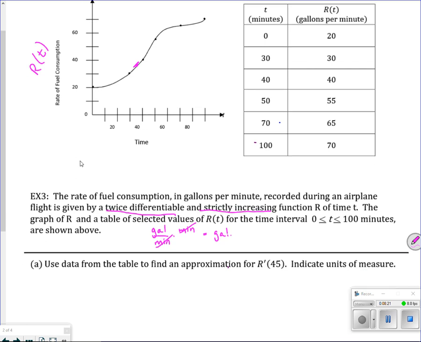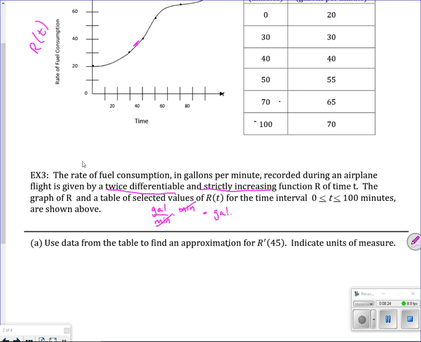You're going to find the points around that, and you're going to label R prime of 45 is approximately, you take the 2 points around it and find the slope. 55 minus 40, and you're going to write down the difference quotient, even though you can do it in your head, because that is 1 point. And then the other point is going to be your answer. That's 15 over 10. Obviously, you can write the answer in many different ways. That's a pretty easy one, so I'm going to put 1.5.